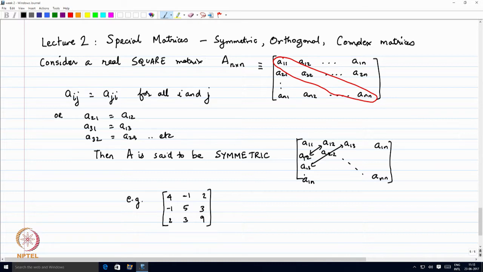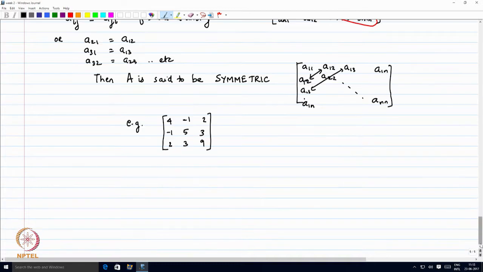Now, the next matrix that I want to talk about is what is called an orthogonal matrix. In order to describe an orthogonal matrix, let me first define the transpose of a matrix.